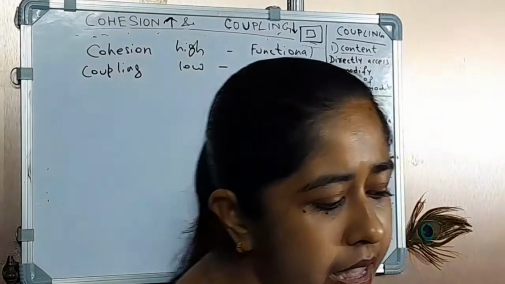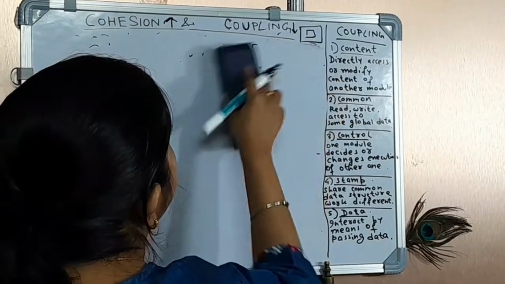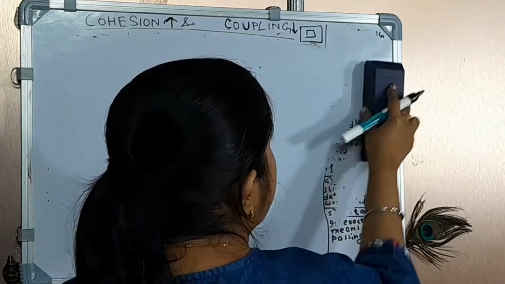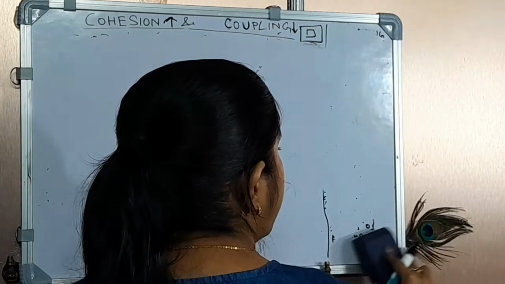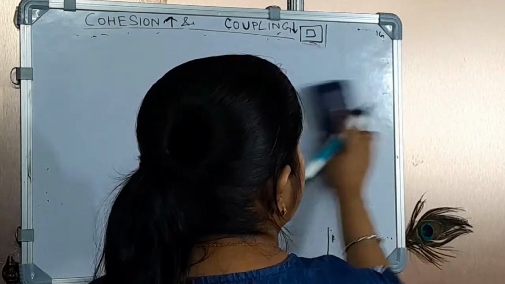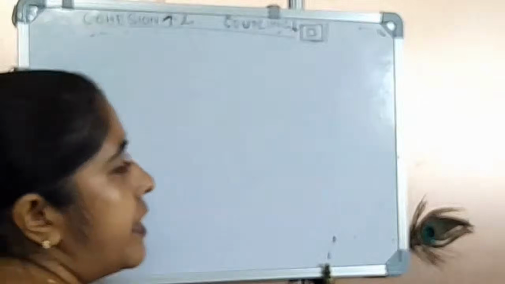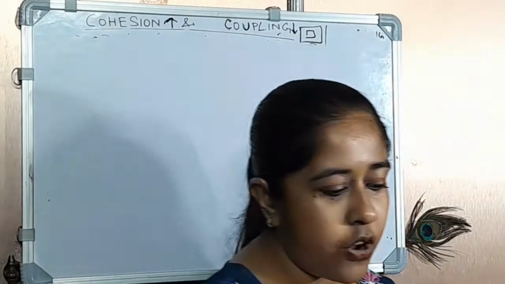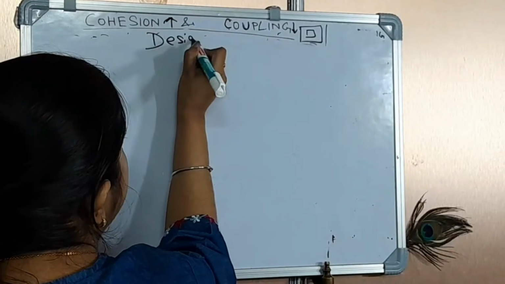Clear? Now we will see about design verification. This is what happens in our designing phase. As we have seen in previous classes, there were different designs and levels of designing. Now we have to see what design verification is and how we can verify our design.